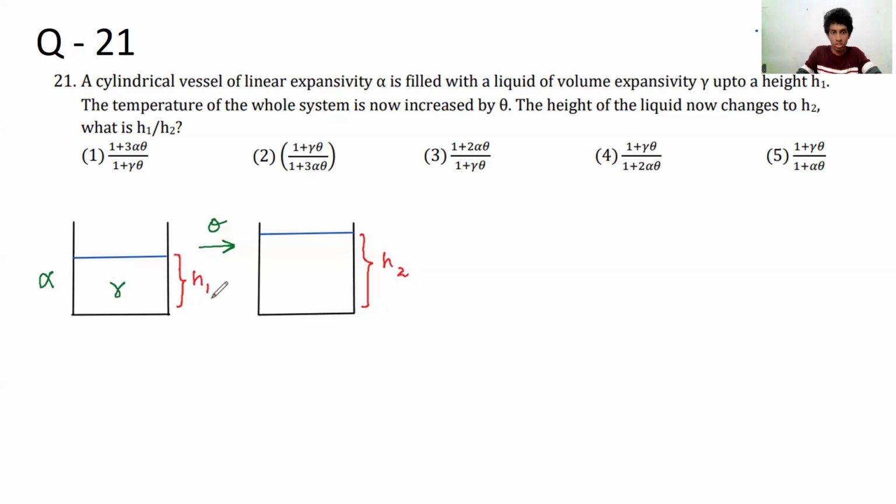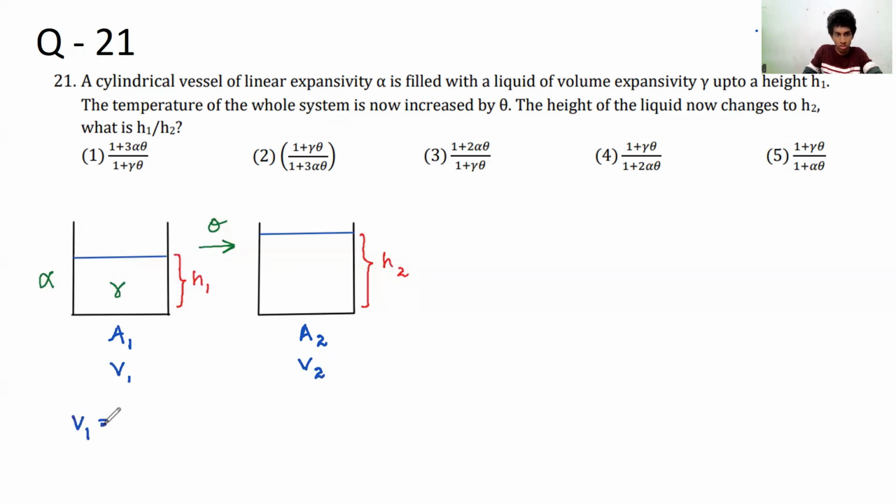So h1 is the height of the liquid at the first instance, and h2 is the height of the liquid at the second instance. Let's take the area of cross section at the first instance as A1 and at the second instance as A2. And also let's take the volume of the liquid at the first instance as V1 and at the second instance as V2.